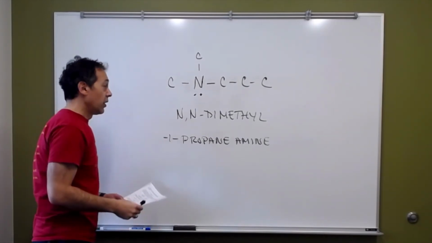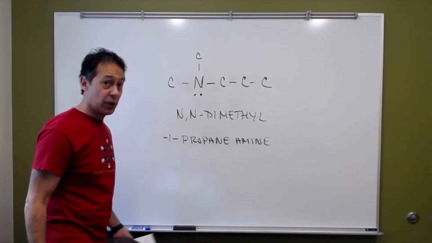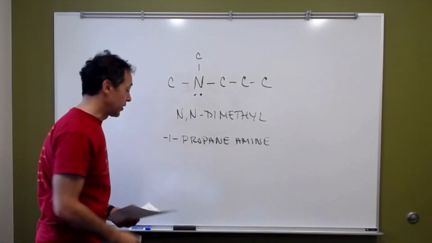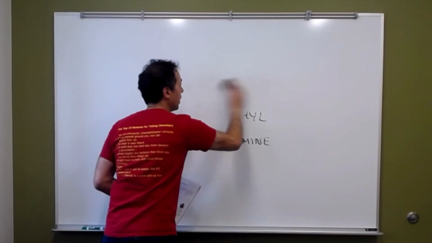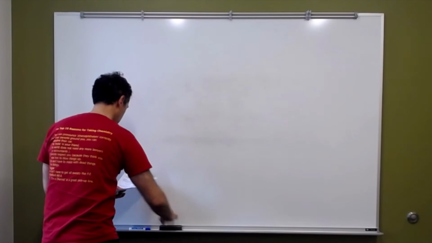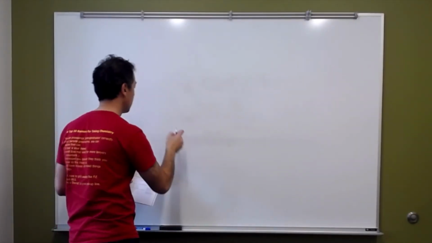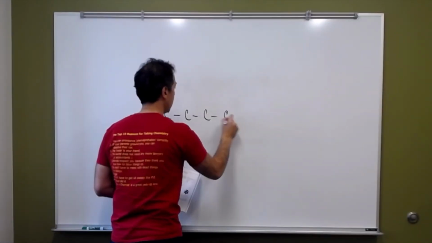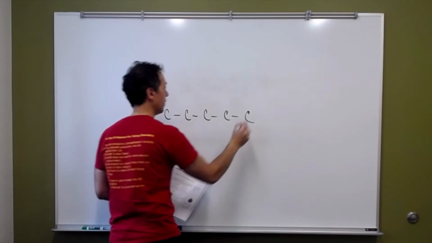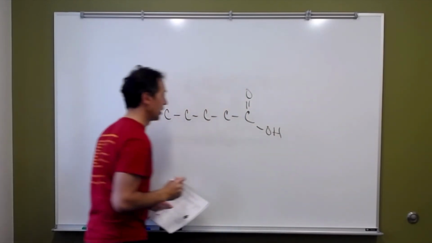Okay, now there are situations where we have the nitrogen as a substituent. In other words, it's just kind of like hanging off on the side of the molecule. And when that happens, we call it an amino. And so if we have, say, a carboxylic acid, like 1, 2, 3, 4, 5, like this, okay?